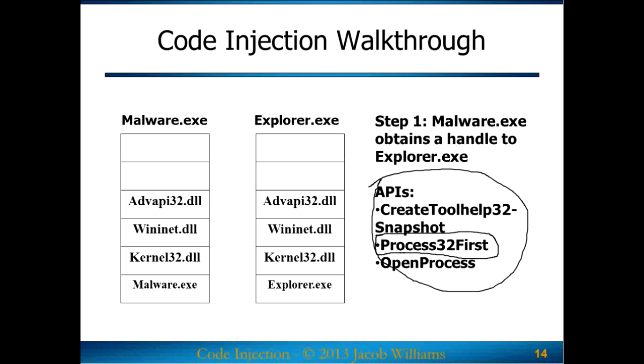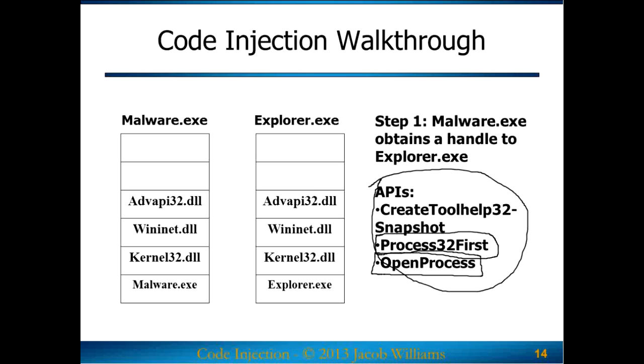Then it's on the malicious code to walk through those processes using a call called Process32First, and there's a corresponding call called Process32Next. That's going to allow the attacker to locate a particular process in memory, because OpenProcess needs a process ID, not a process name.